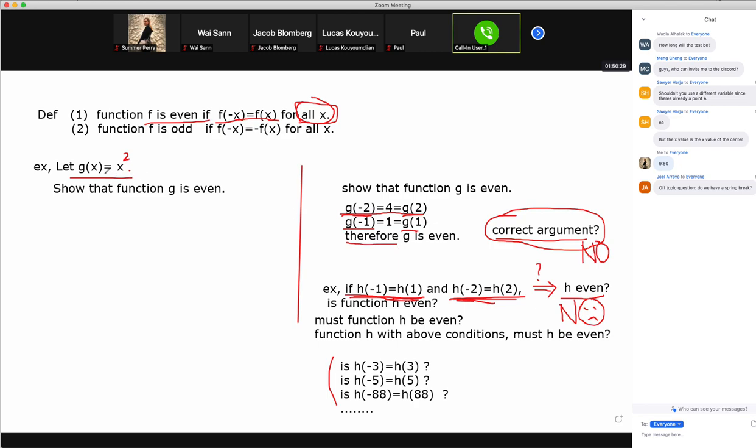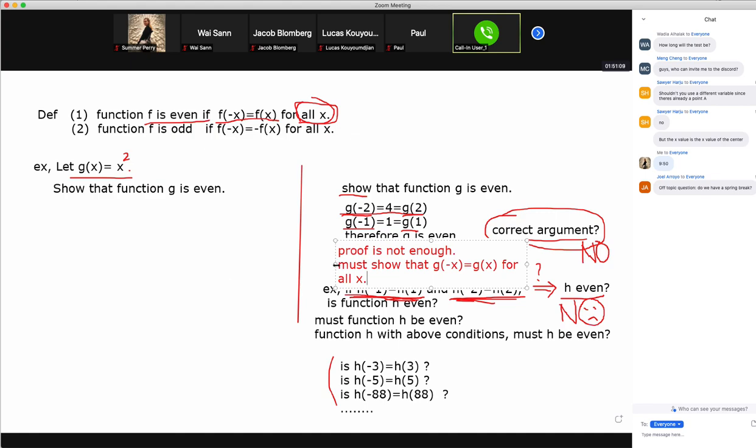Now, this function g is actually an even function. But did you prove it? Did you show it? No. The proof is not good enough, because you must show that g of negative x is equal to g of x for all x.